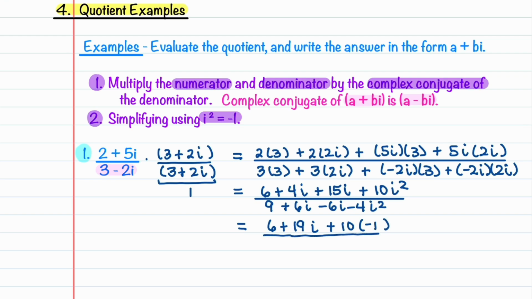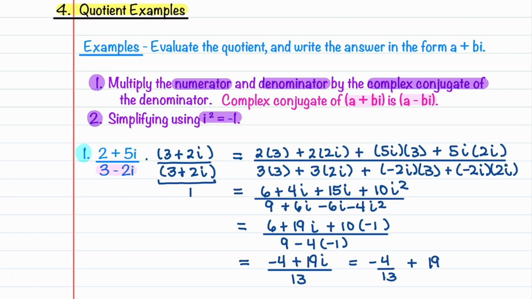And then on the denominator, we're going to get a 9. The 6i's cancel, and we have a minus 4 times minus 1. On the top, we have 6 minus 10, so that is minus 4 plus 19i. And then in the denominator, we have 9 plus 4, which is 13. And we're going to rewrite our answer as minus 4 over 13 plus 19 over 13 times i. And that's our final answer.